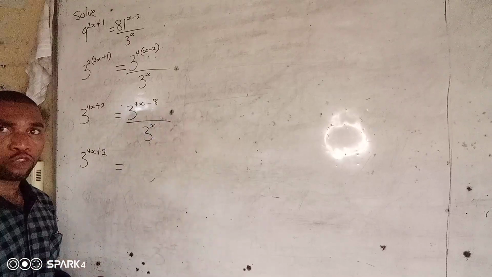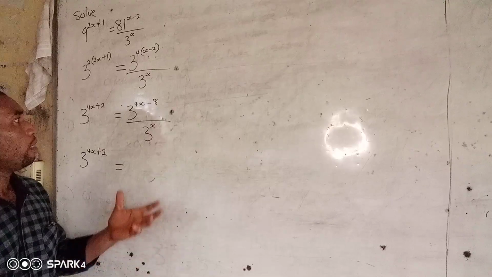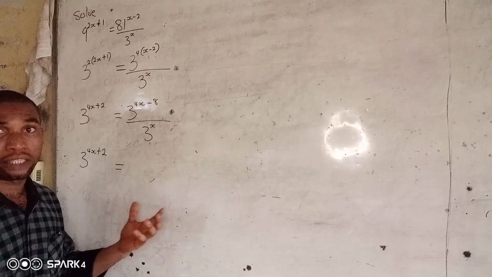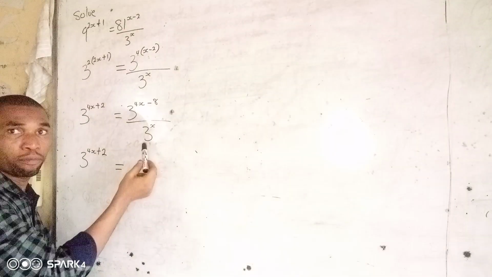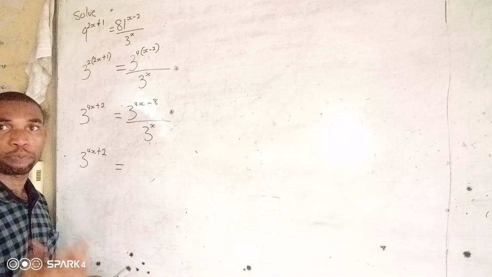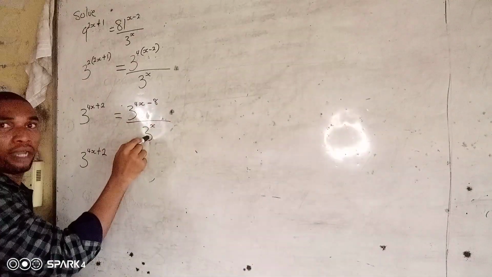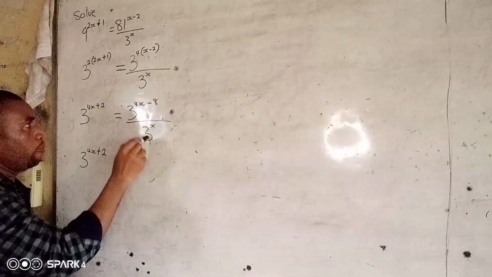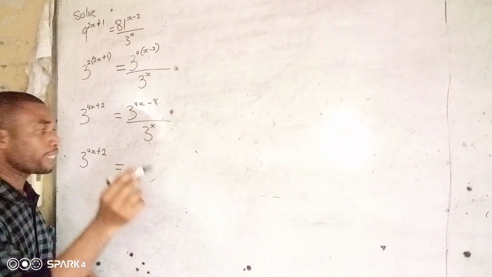Now, remember I told you that there is a law of indices. That is the quotient law that says that provided that the bases are the same, pick one of the bases and subtract their powers. Now this is in base 3 divided by another base 3 here. The bases are the same. Then I'll just have to pick one of the bases, then subtract their powers.